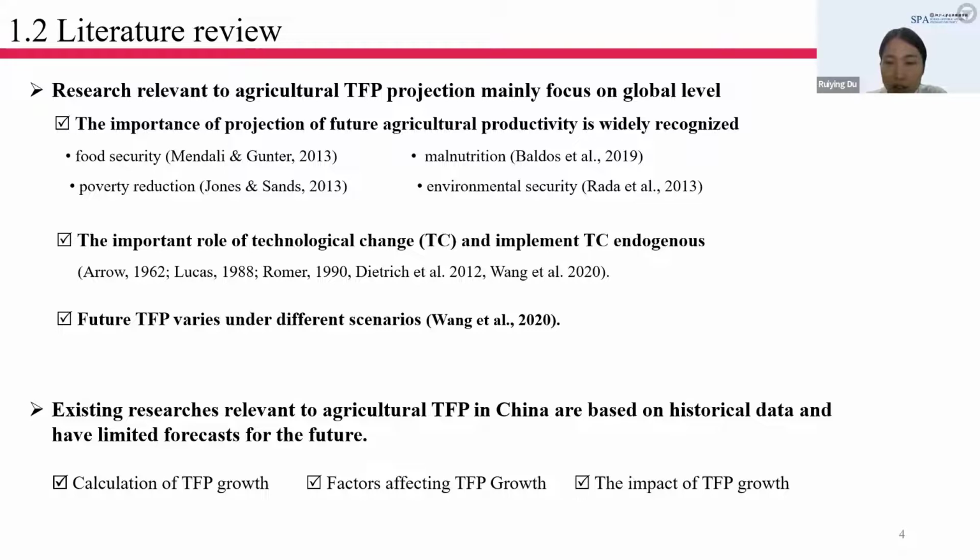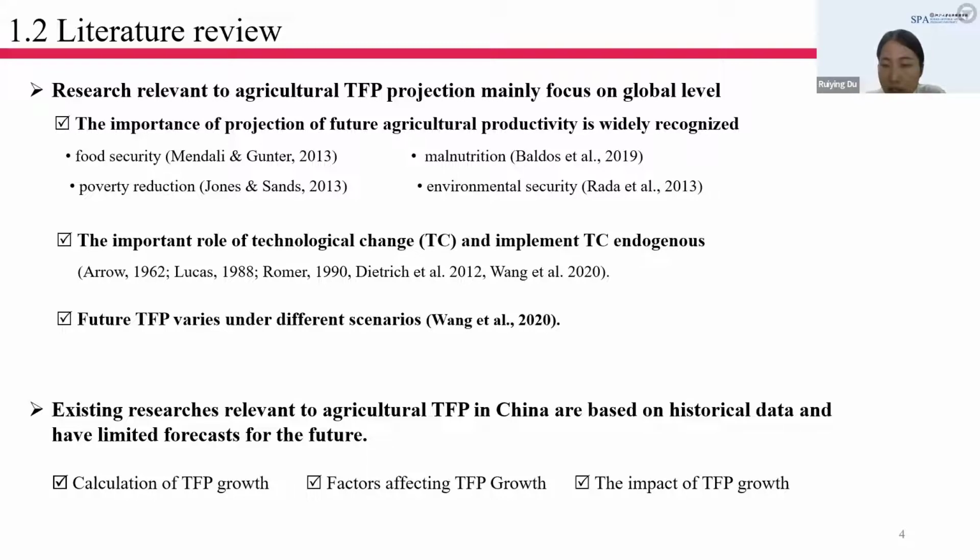In the previous studies, the importance of projecting future agricultural productivity is widely recognized. A strand of literature finds an important role of technological change in improving agricultural productivity and implements TC endogenously. TFP growth in the future has also been found to vary under different scenarios and to have an impact on food prices. Although these studies provide a lot of information in the prediction of TFP, they mainly focus on the global level. There is still a lack of research on forecasting China's future agricultural TFP.